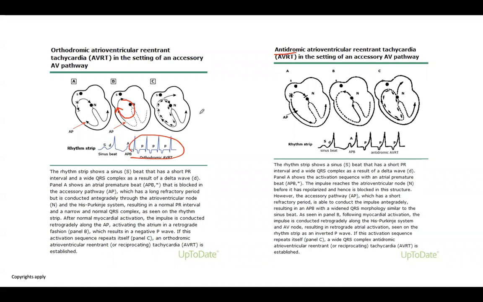However, rarely the SVT goes down the accessory pathway, up the AV node. So you get a wide QRS that looks like a wide delta, because it's going where the delta inserts. So it's a regular wide QRS that breaks with adenosine.